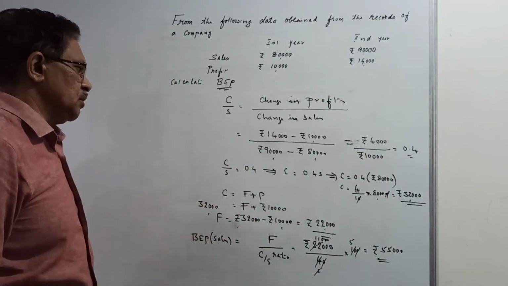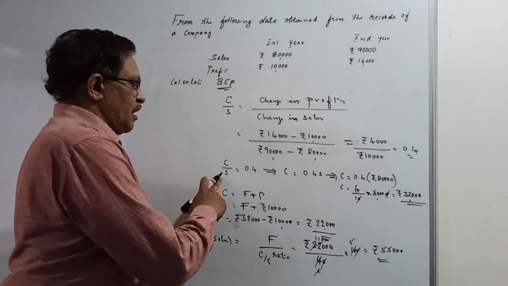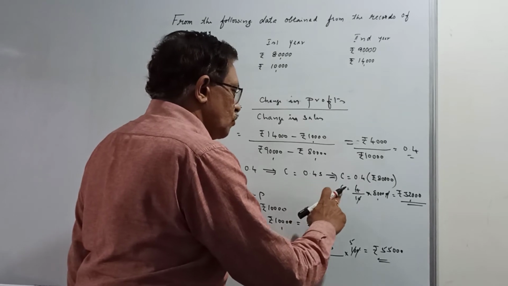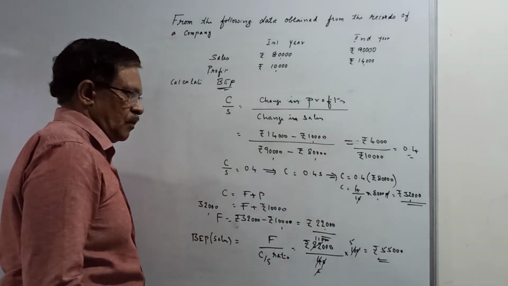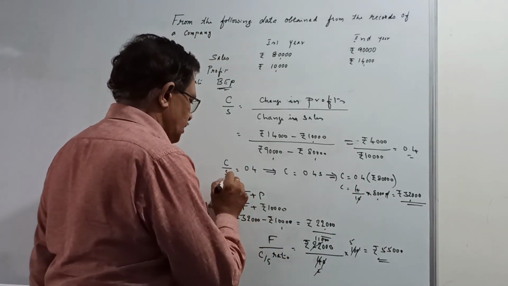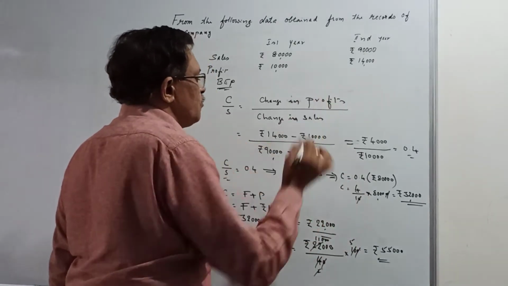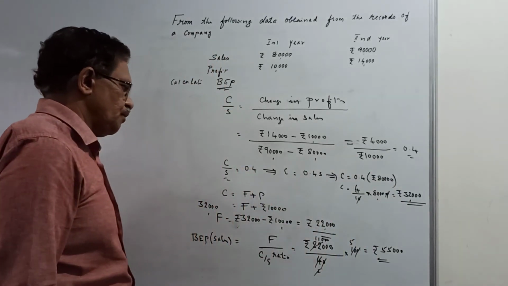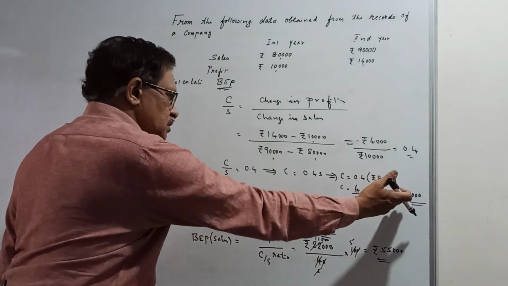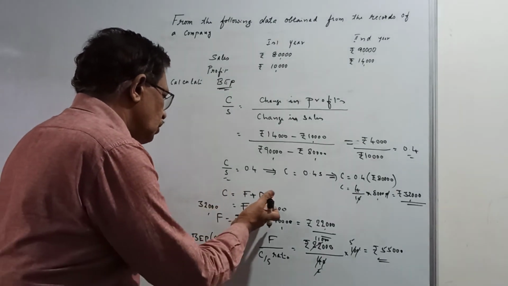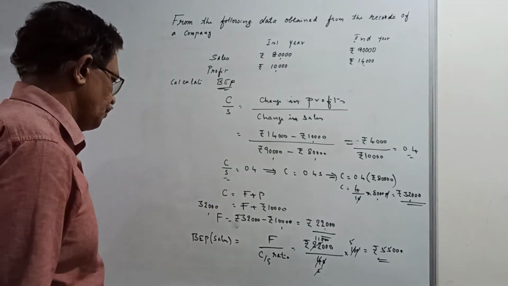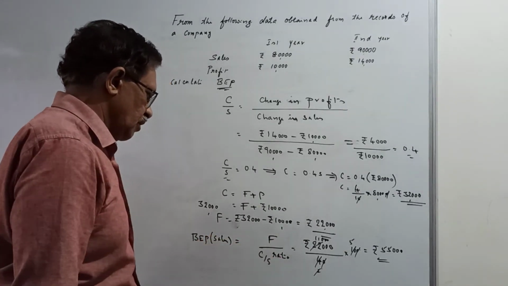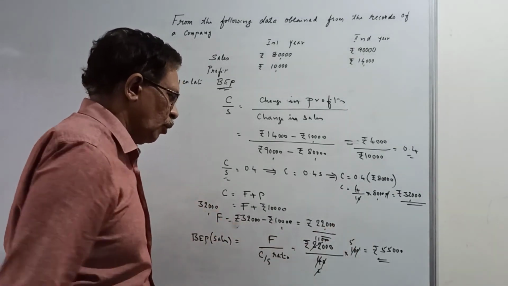After finding the C by S ratio, we found C, wherein we know S, so any S can be substituted here. So we got 32,000. When C is 32,000, we found the F value. Once the F value is found, we can use the break-even formula to get the break-even point.